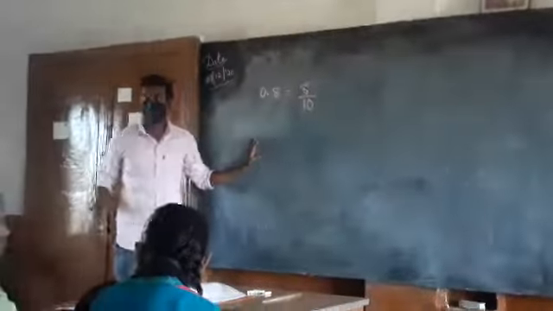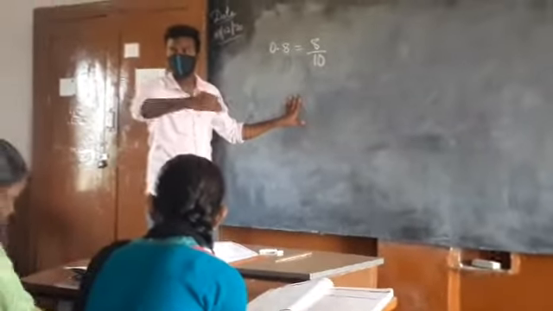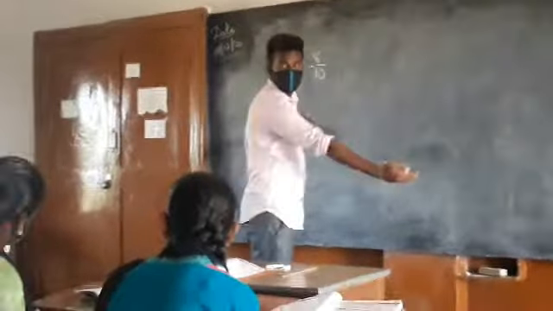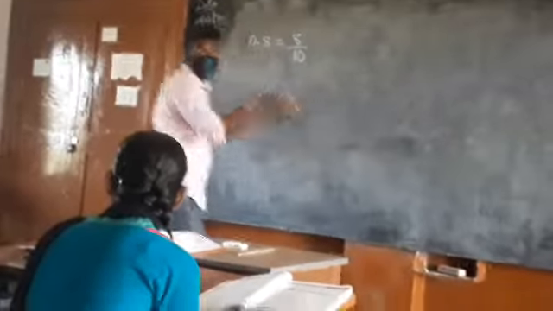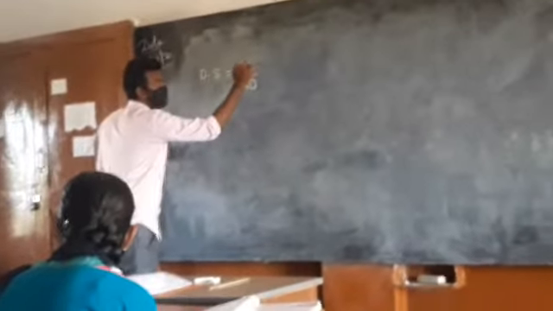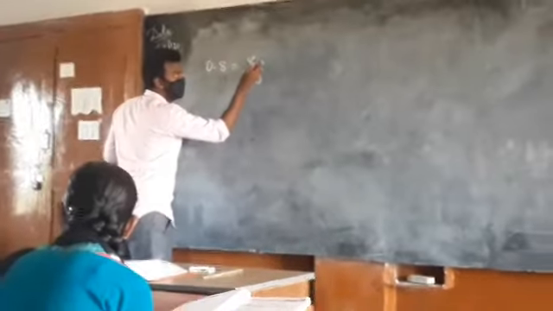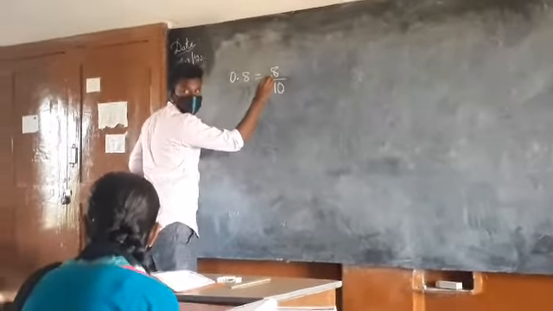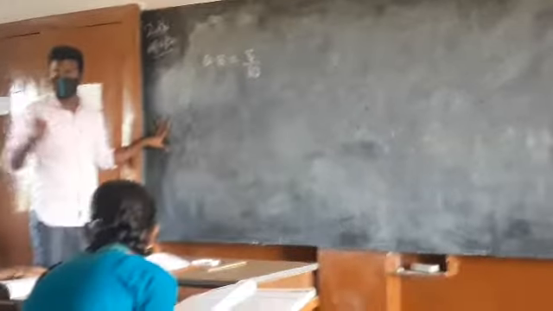In the previous class we discussed that on multiplying by 10, the decimal moves towards the right side. On dividing, the decimal moves towards the left side. So 0.8 can be written as 8 by 10, such that dividing by 10 means the decimal moves towards the left side and it becomes 0.8. The reverse process of our discussion.